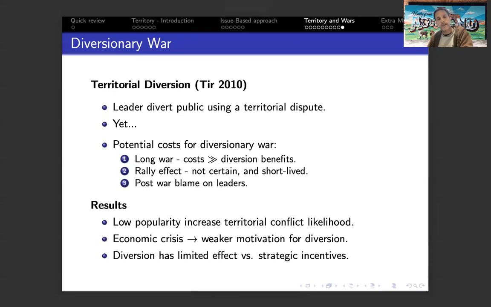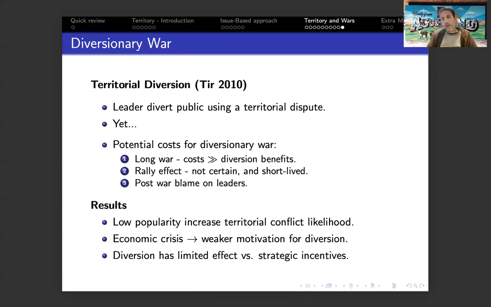What he finds is that leaders that face low degrees of popularity, so leaders that face substantial domestic problems, are more likely to increase their reliance on territorial issues as a diversionary mechanism and go into conflict. So when there are domestic problems, leaders will invoke those kinds of territorial issues and turn them into a conflict. And that's going to be useful for them, just like the theory supports.